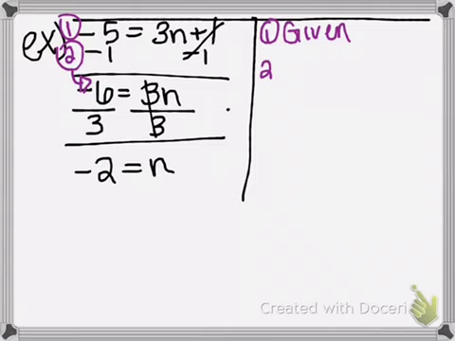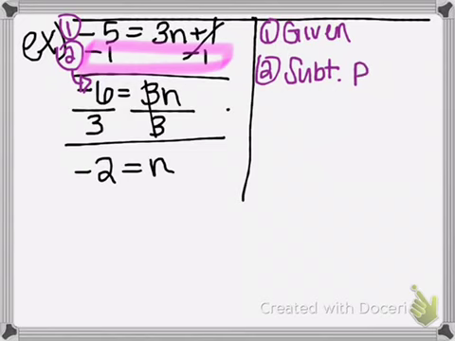So on the right side, I'm going to write for step 2, because I had to subtract here in the highlighted part, I'll write subtraction, POE. I'll explain what POE means in 1 second. Okay, step 3. For step 3, we want to figure out how we got from -6 equals 3n down to -2 equals n.